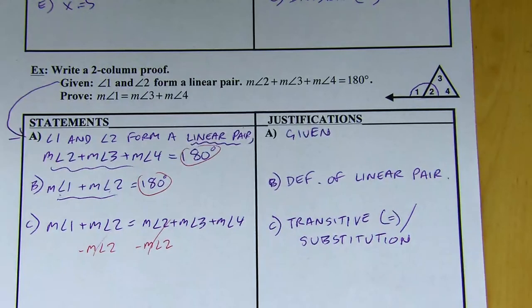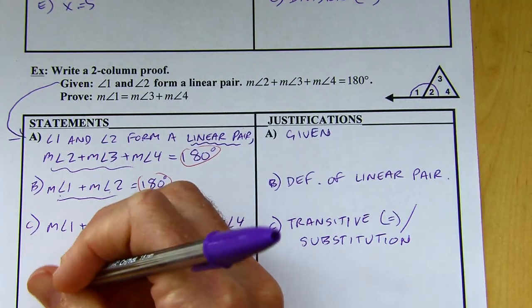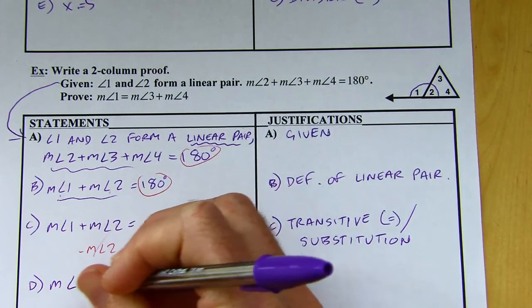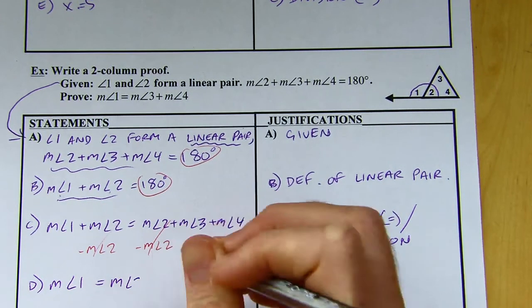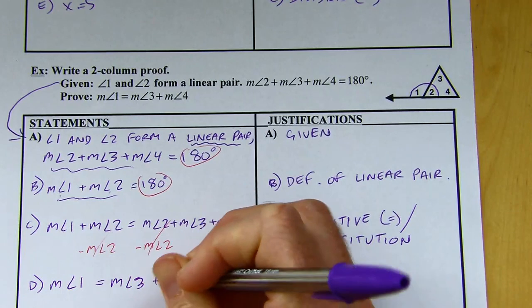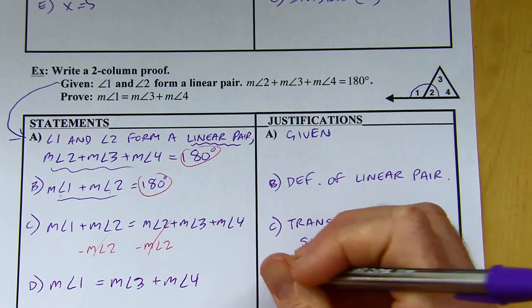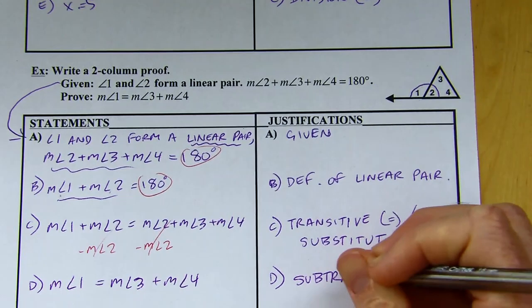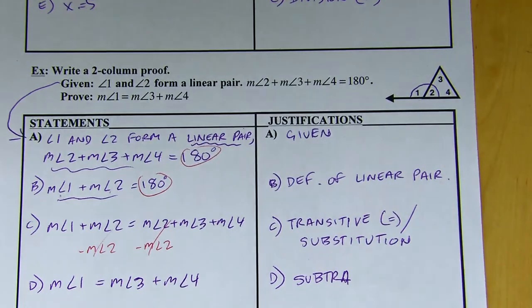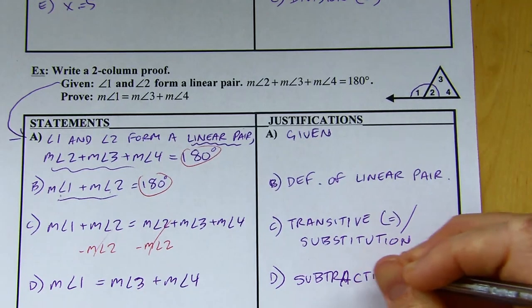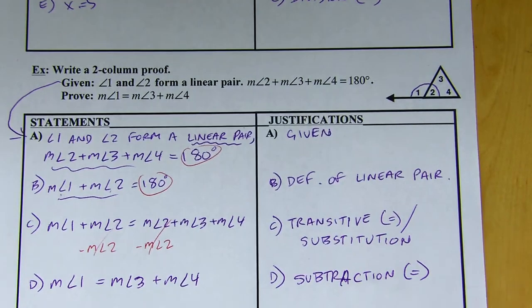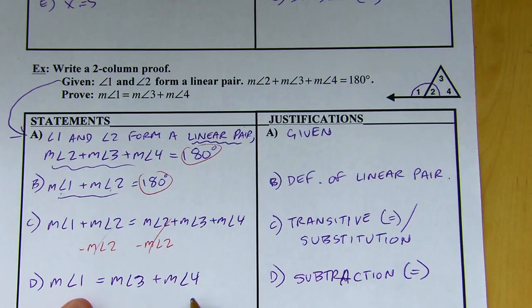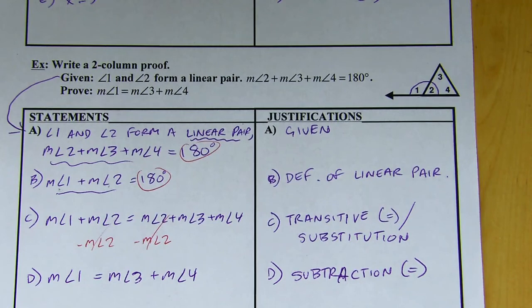So I'm going to use the subtraction property of equality to finish this. Okay, I subtracted the same thing from both sides of the equation. Okay, and you know you're done when your final statement says the same thing as what you're trying to prove. So that's the end of the proof and the end of the section. I will see you next time.